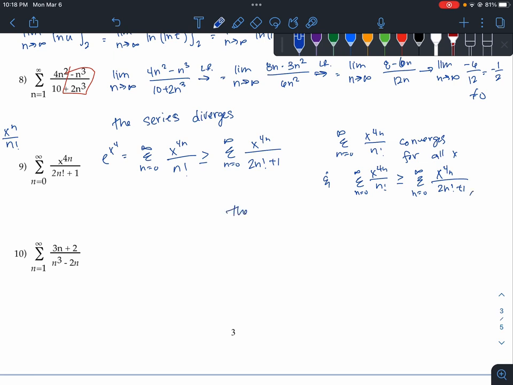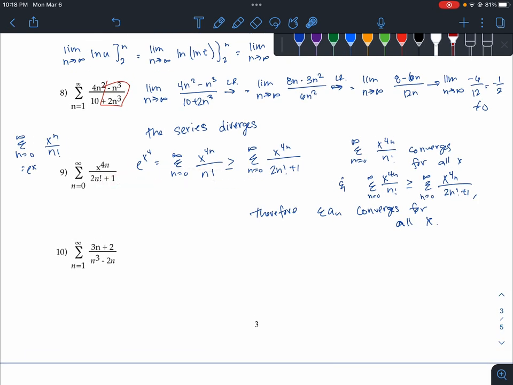Therefore, the series converges for all x values, just like these other series that we used. Okay, so that's direct comparison.